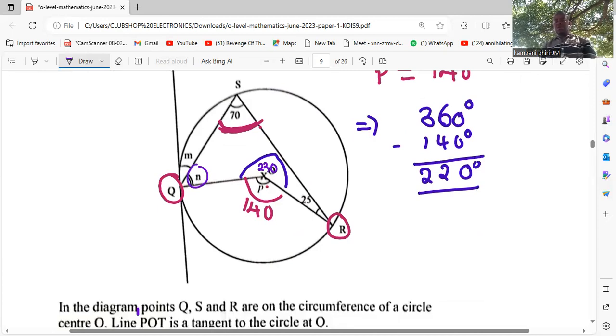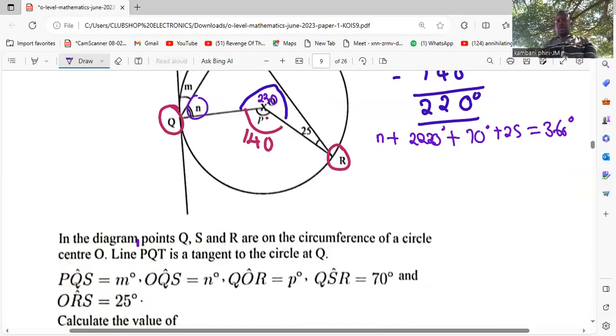You know that this is a quadrilateral, and angles in a quadrilateral add up to 360 degrees. So when we add N plus 220 plus 70 plus 25, we must get 360 degrees. Implying that N is equal to, let me write it, 220 plus 95.